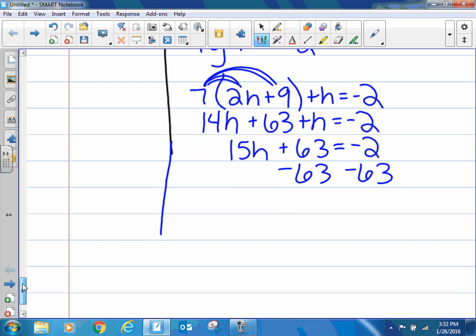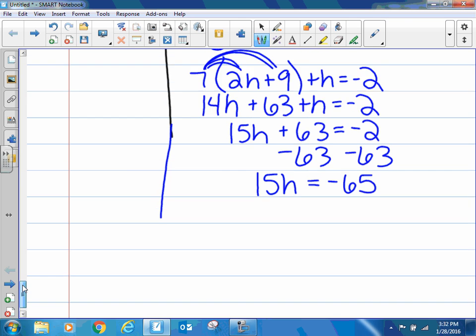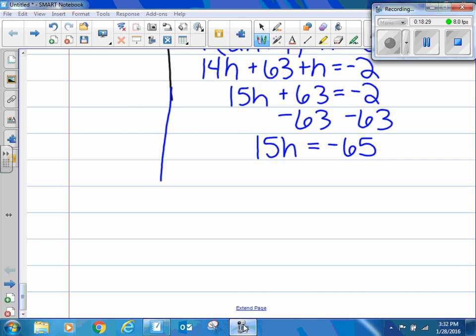I get 15h equals negative 65. I'm going to divide both sides by 15. I get h is equal to, when I simplify, I get a negative 13 divided top and bottom by 3.